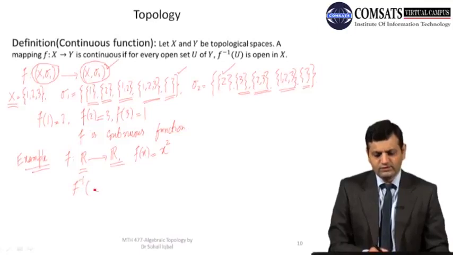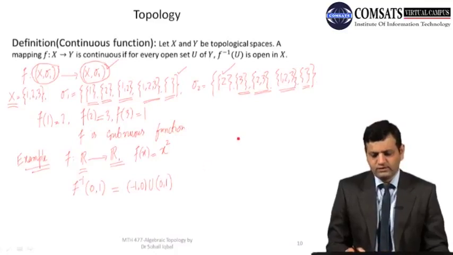So f inverse of, for example, (0, 1). We can see that the inverse image of (0, 1), where 0 is not included, is going to be (-1, 0) union (0, 1). So the inverse image of (0, 1) is this. We can also see this by observing the graph of this function, which is a parabola.